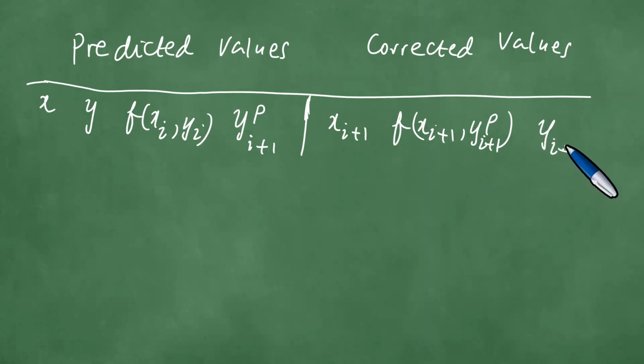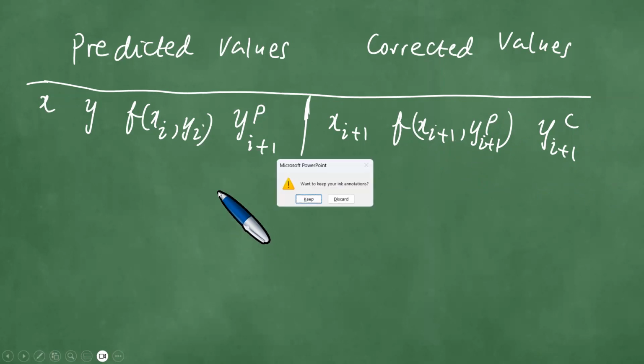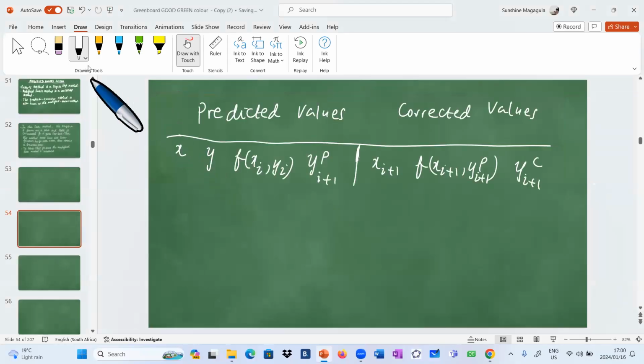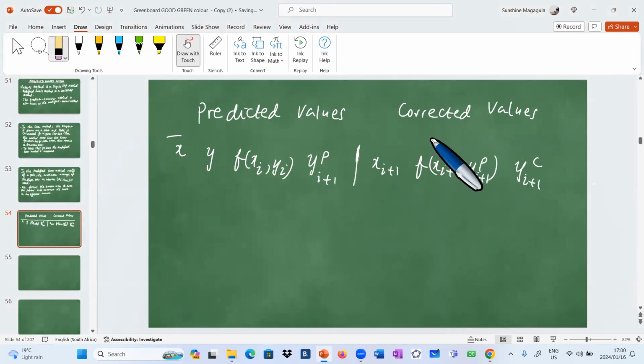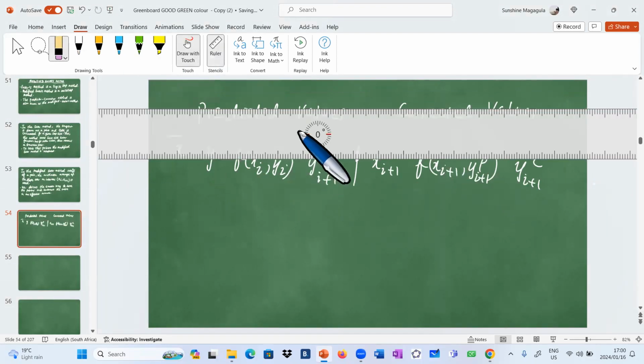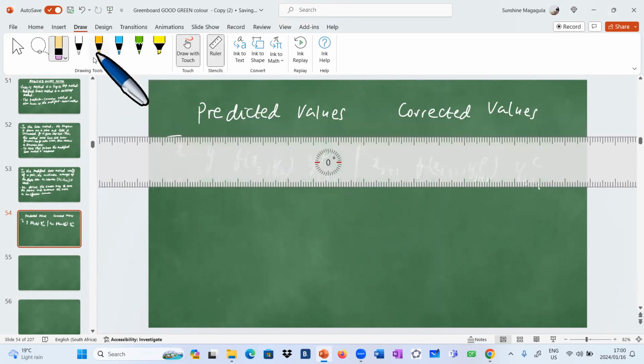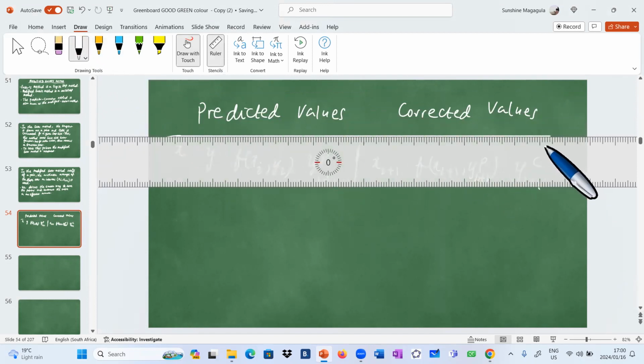Right, so there is y_(i+1) corrected. Let me just try to draw the table. Please forgive me, I just want to demonstrate the table here. This is the sort of table we learn.